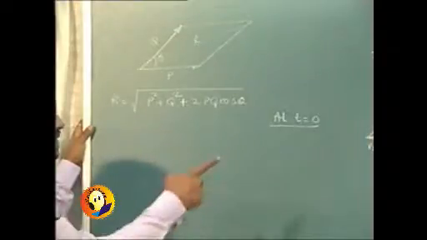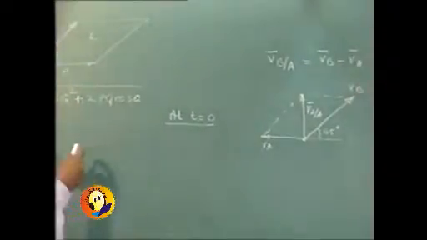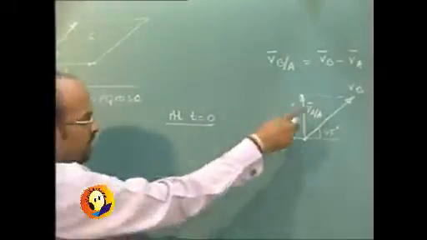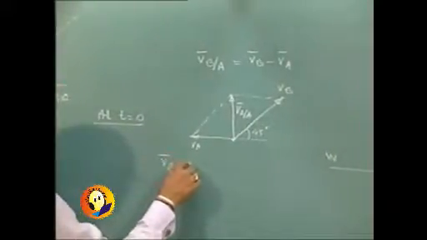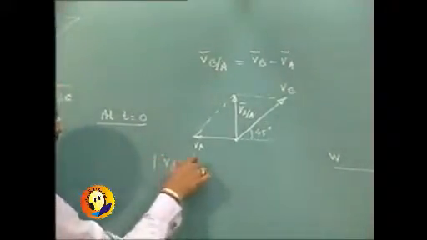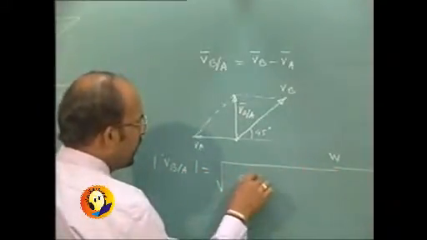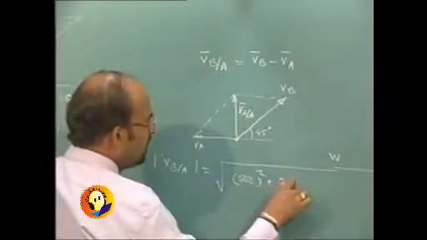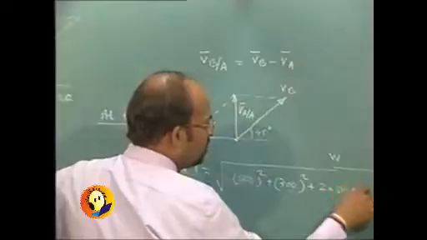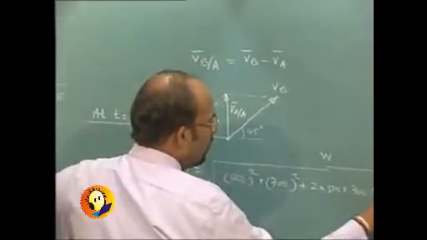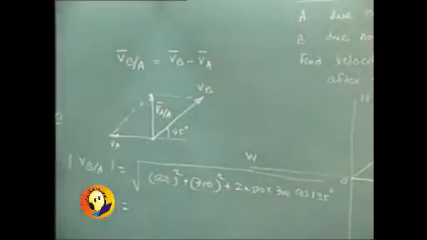In this case, if we apply the parallelogram law, the magnitude of the velocity of B with respect to A can be calculated as under root of 500 square plus 700 square plus 2 into 500 into 700 into cos of 135, and we can get the numerical value.